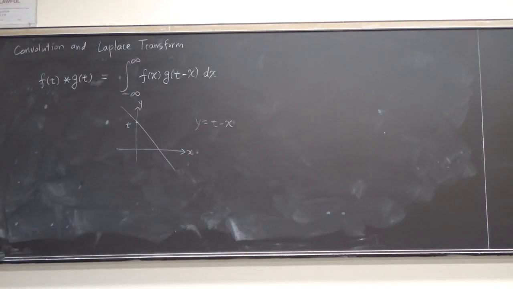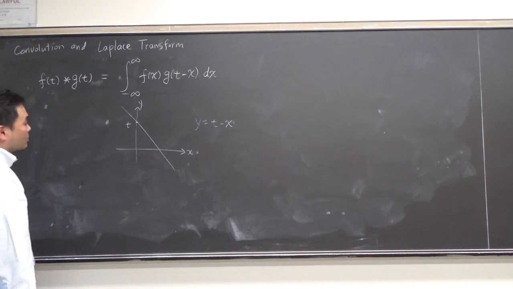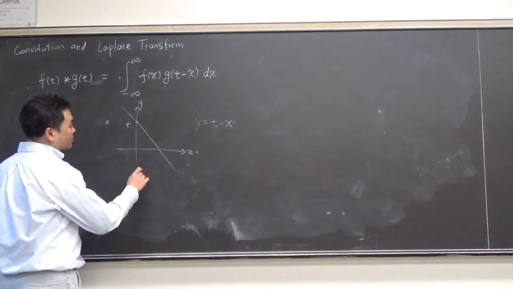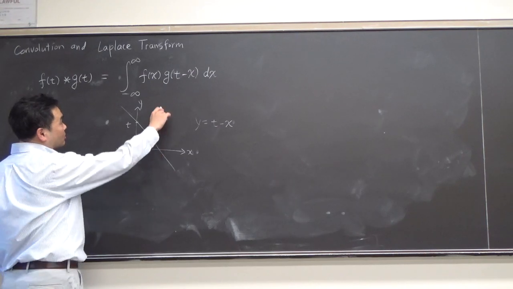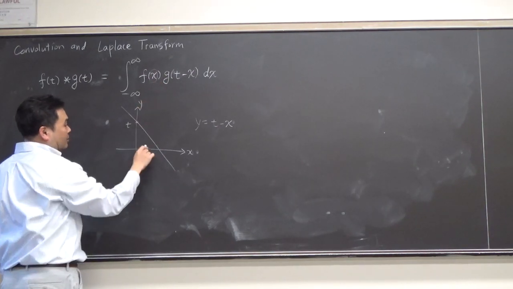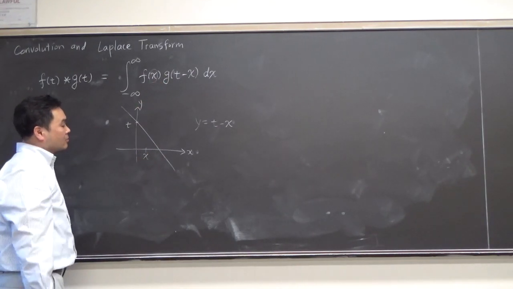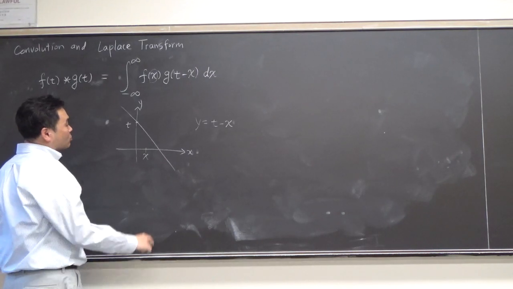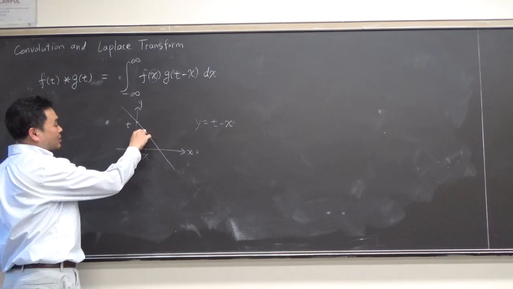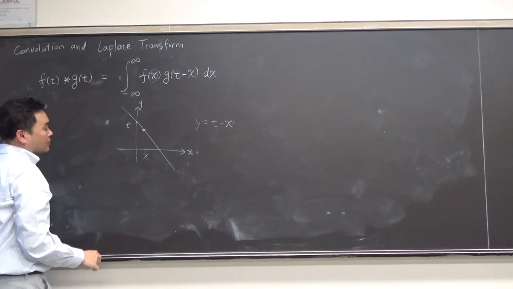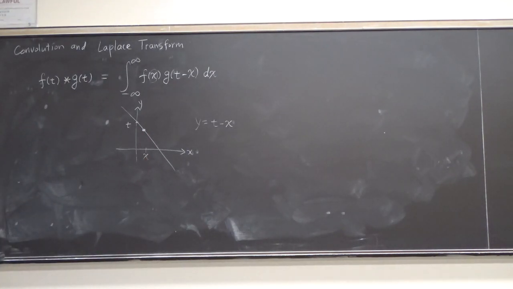So what's happening is you evaluate the function at a given x, and you multiply it by the value at t minus x, and you're multiplying the two.